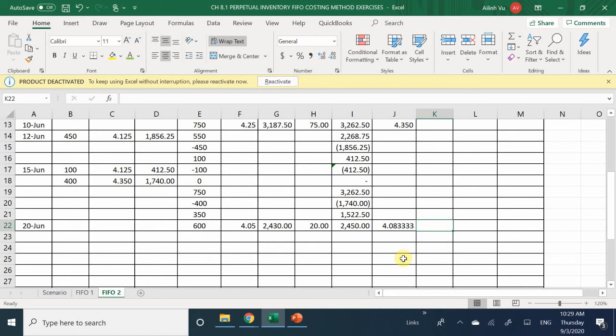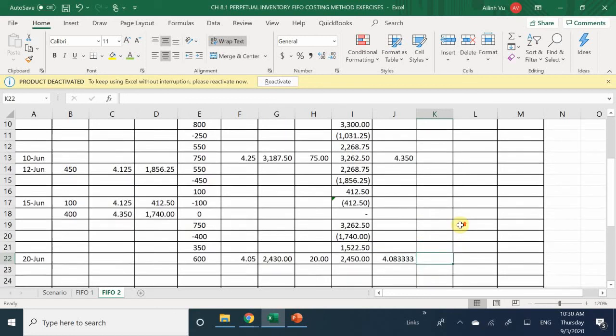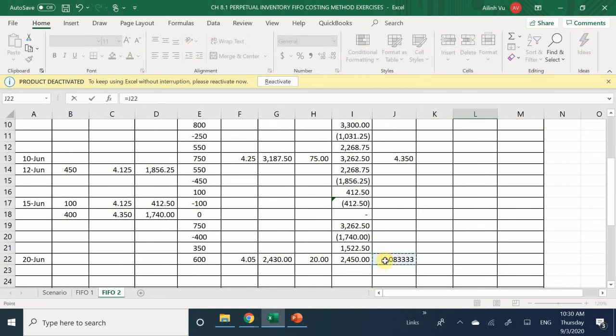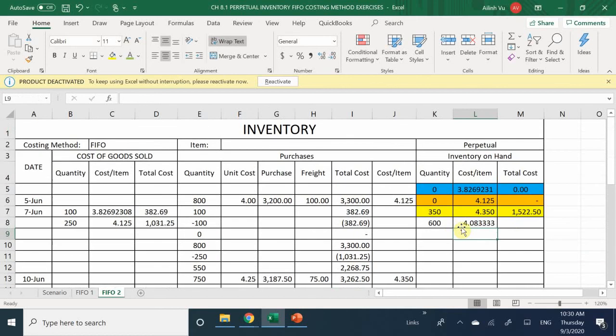Okay, so then what happens now? Put it over in inventory. Okay, so here we have 600 items and it's going to cost me 4.08, and we're going to multiply them across.